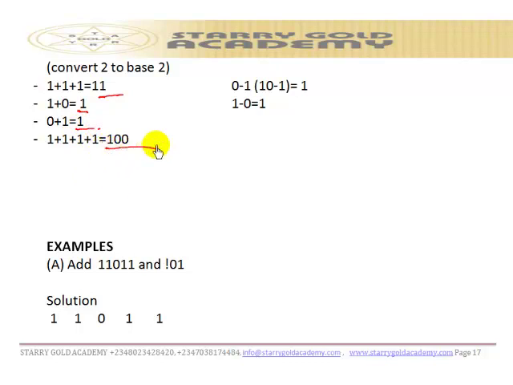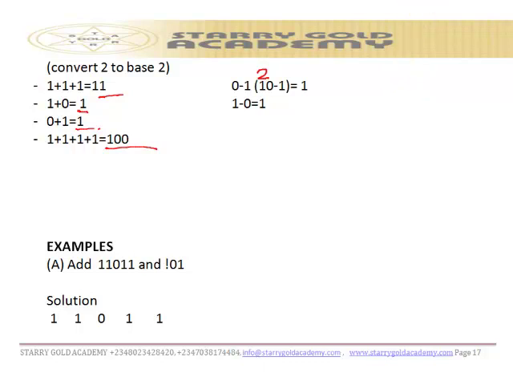What about when you have 0 minus 1? Like they used to say, borrow 1, it becomes 10. 10 minus 1 is 1. 10 is actually 2, so 2 minus 1 is 1, but we say 10 in number base. Understand?